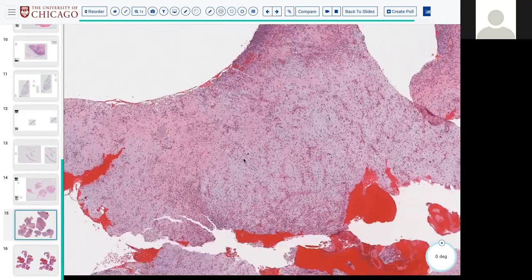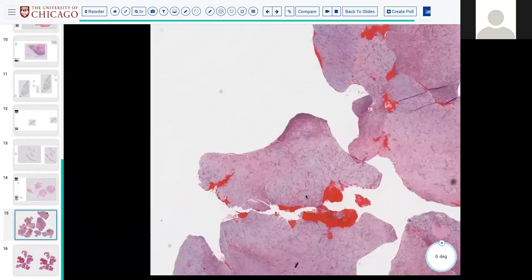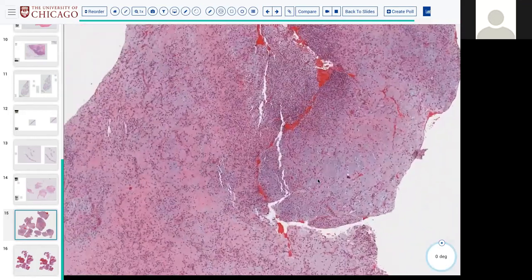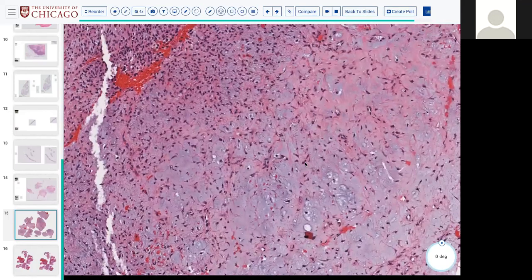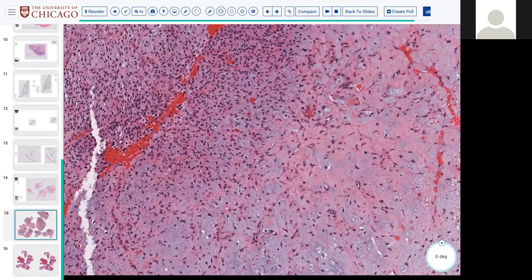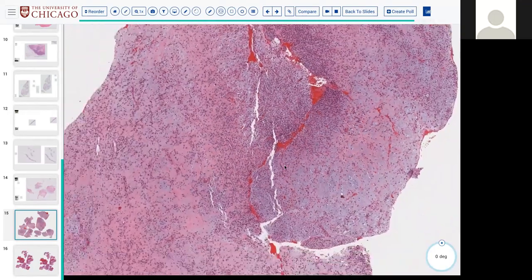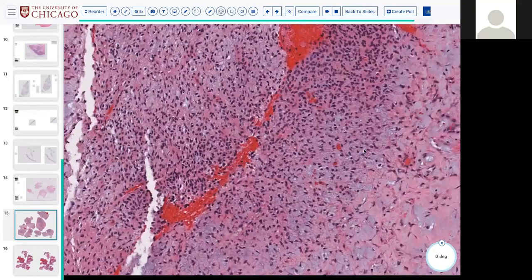So compared to the other ones, the background is a little more purple. So maybe, it's still myxoid appearing, but maybe a little more cartilaginous. I don't know, it's kind of hard to tell for me personally what between the two.